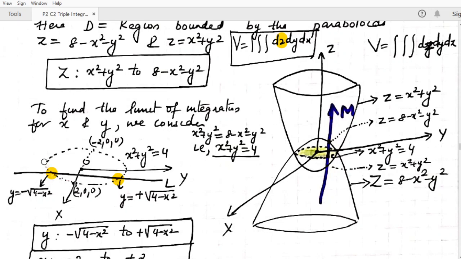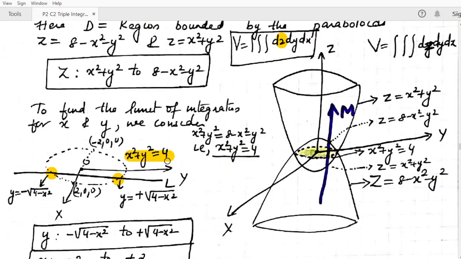This is a point on the circle x square plus y square equal to 4. So for x square plus y square equal to 4, we have to find the value of y here. When we find the value of y, we get y is equal to plus or minus root of 4 minus x square.